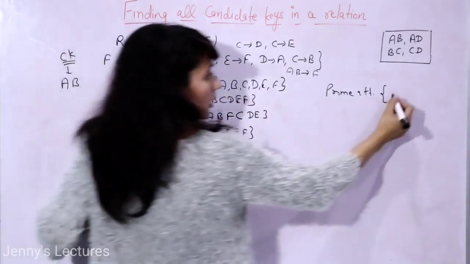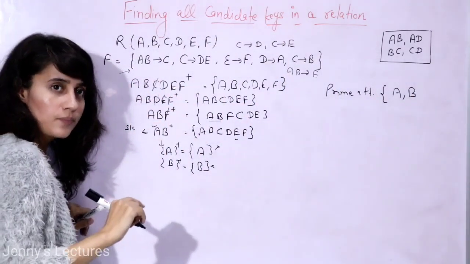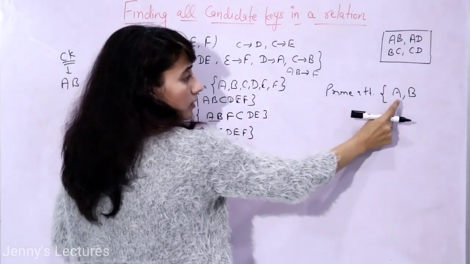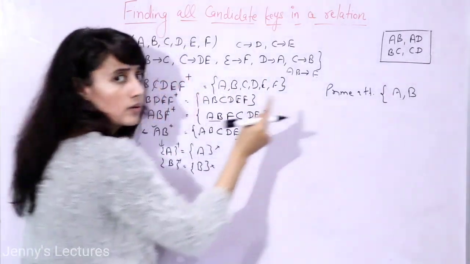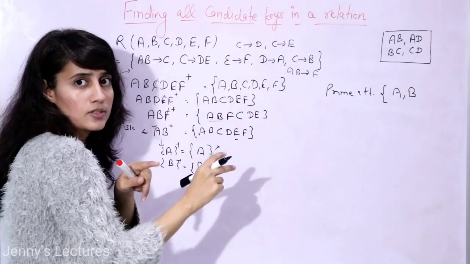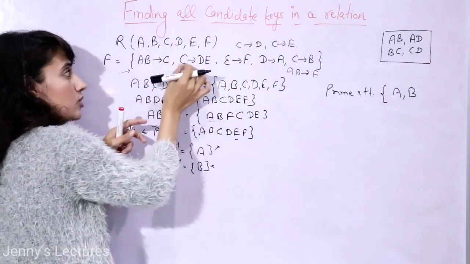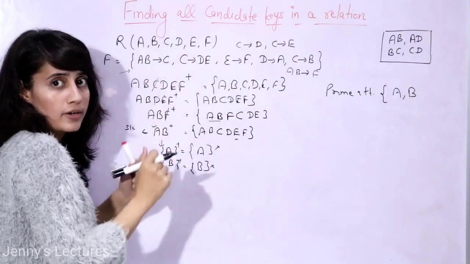So prime attributes are A and B. Two prime attributes we have. Fine. Now check. If a prime attribute is present on the right hand side of any functional dependency, then you can say definitely there would be more candidate keys present in the relation and you have to find them out.